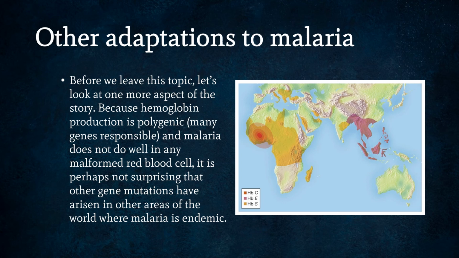So, there are other examples and other adaptations to malaria. Since malaria is such a detrimental and dangerous environmental factor, there have been other mutations that protect against malaria as well. So here on the map, we're seeing some other mutations to protect or adapt against malaria.